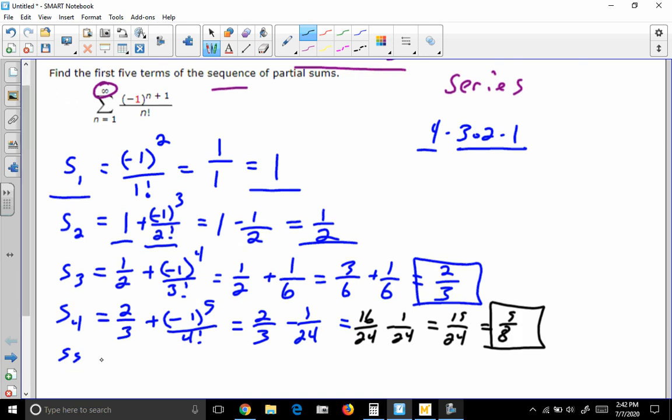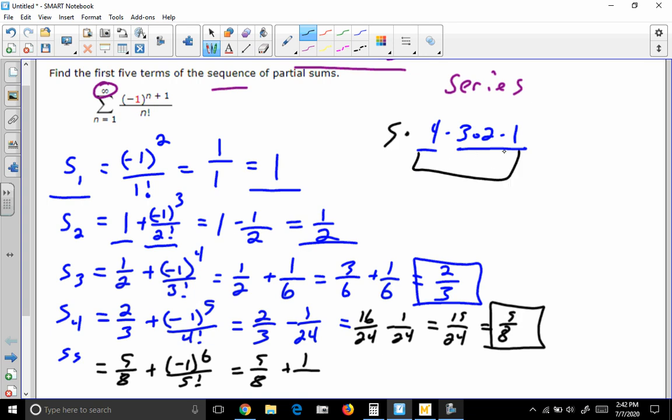The fifth partial sum is 4 terms plus the 5th term. So negative 1 to the 5 plus 1 over 5 factorial. So negative 1 to the 6 is positive 1. 5 factorial, this was 6. This was 24. 24 times 5 is 120.